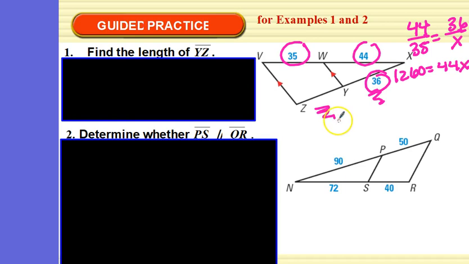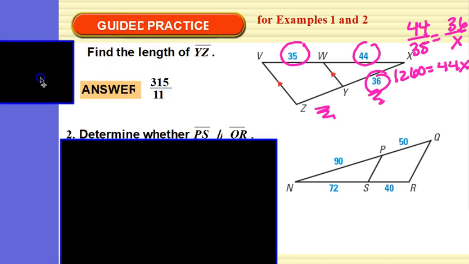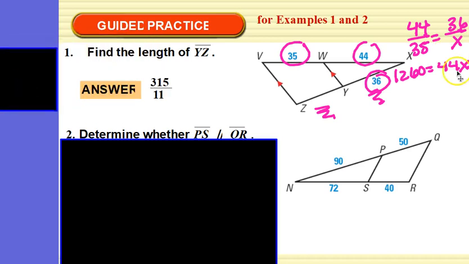I'm going to get 28.6, approximately 28.6. So they got 315 over 11. They just reduced it. So if I put divide by 44 on both sides, that would be 315 over 11.